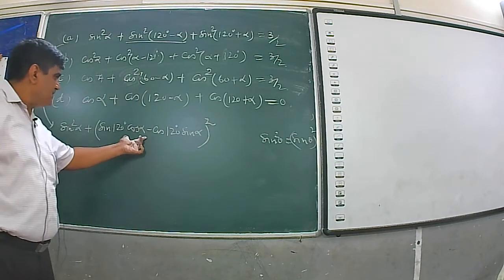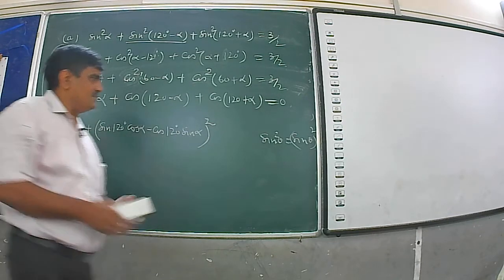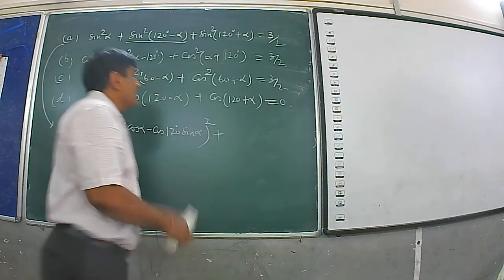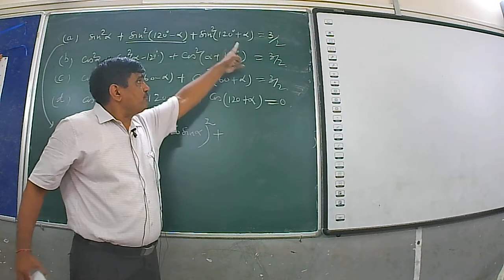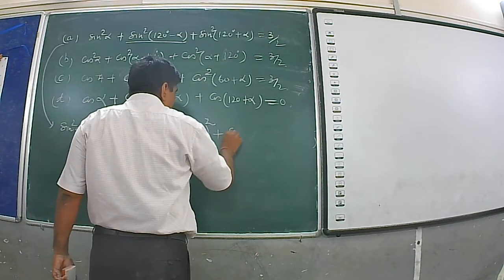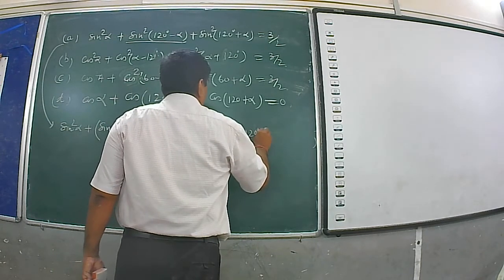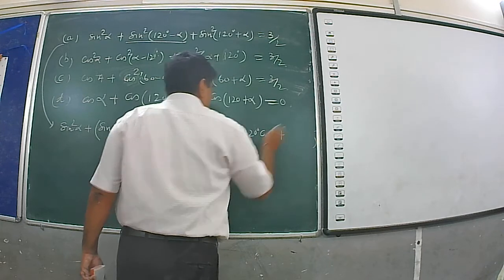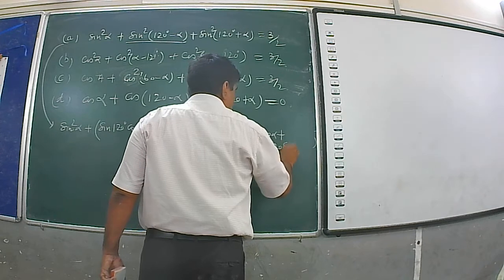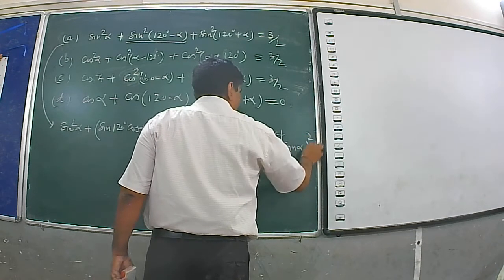Third term, sin A plus B: sin A cos B plus cos A sin B, sin 120 cos alpha plus cos 120 into sin alpha, bracket close, whole square.